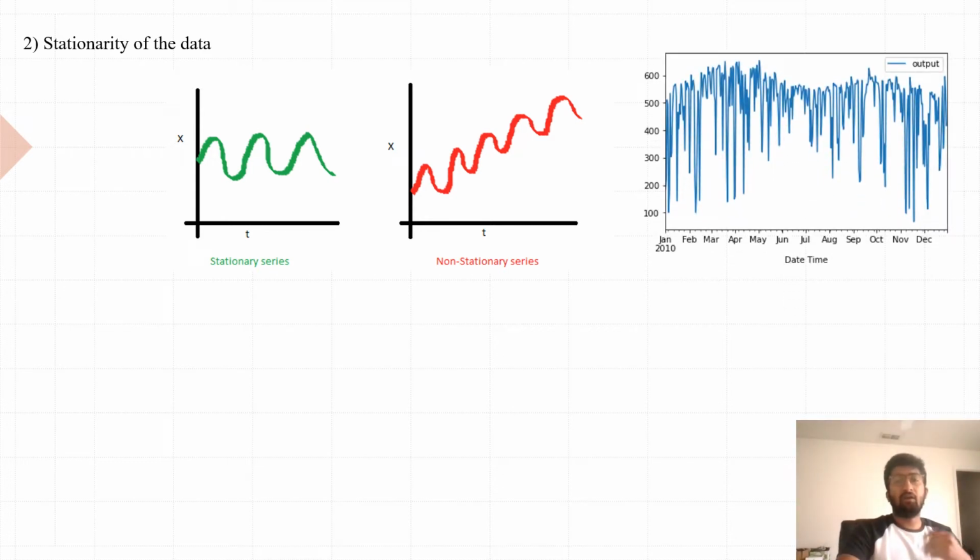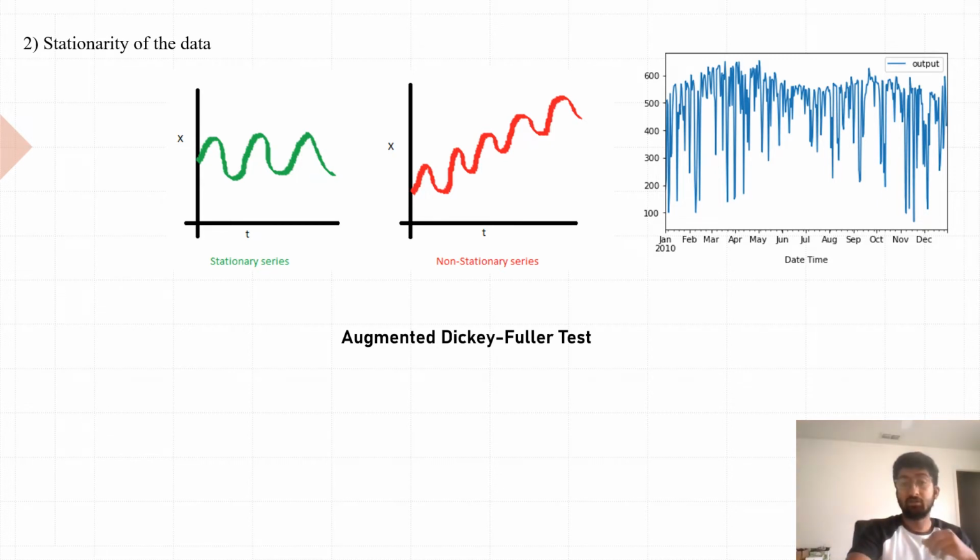And this is the image of our data. The data is quite stationary, so the mean is quite the same. So this is stationary, but if our data was not stationary, what we should do is an augmented Dickey-Fuller test.